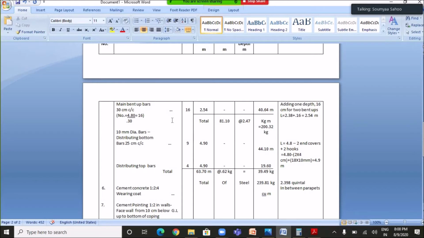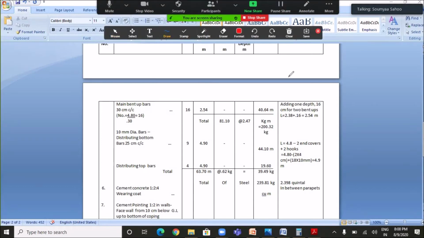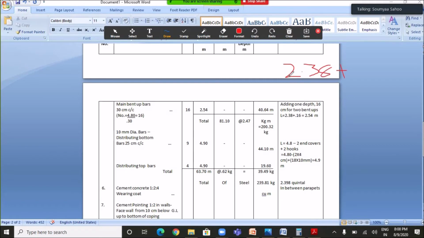Since there are two bent ups present, the length of main straight bar, that is 2.38, plus 0.42 into D into 2, which is equal to 2.38 plus 2 into 0.42D, 2.38 plus 0.84 into D, which is equal to 2.38 plus 0.16 equals 2.54 meter.